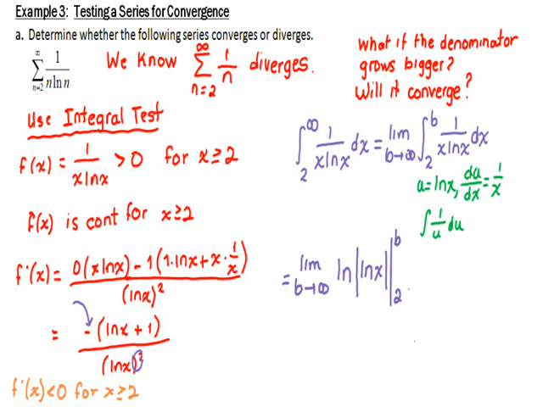Well, we'll go ahead and plug in our boundaries b and 2, and we find out that we've got the natural log of the natural log of b in absolute values minus the natural log of the absolute value of the natural log of 2. Now the absolute values, I guess, weren't so required in the second expression here, since the natural log of 2 is going to be positive.